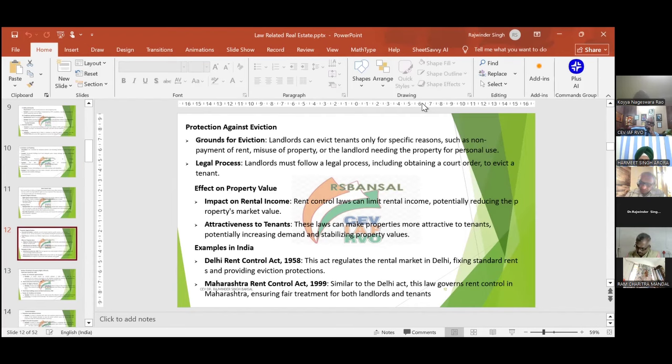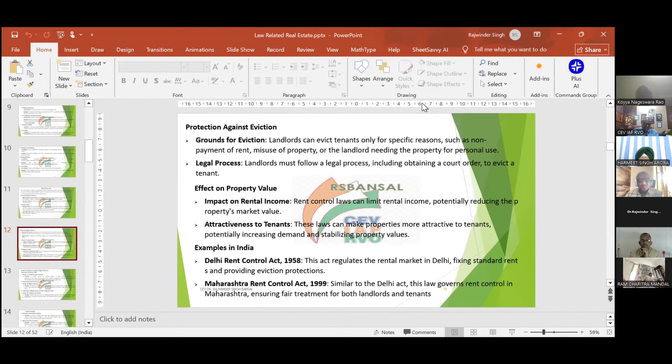As you know, each state has its own rent control act. For example, the Delhi Rent Control Act, 1958. This act regulates the rental markets in Delhi, fixing standard rents and providing eviction protections.